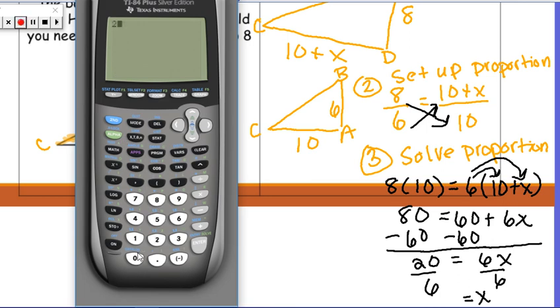So I'm going to say 20 divided by 6. That's 3.33, and let me make sure we're in the simplest form, which is 10 over 3. So it can be simplified. What you could have done is Alpha Y equals, enter, and then put 20 over 6, which equals 10 over 3.